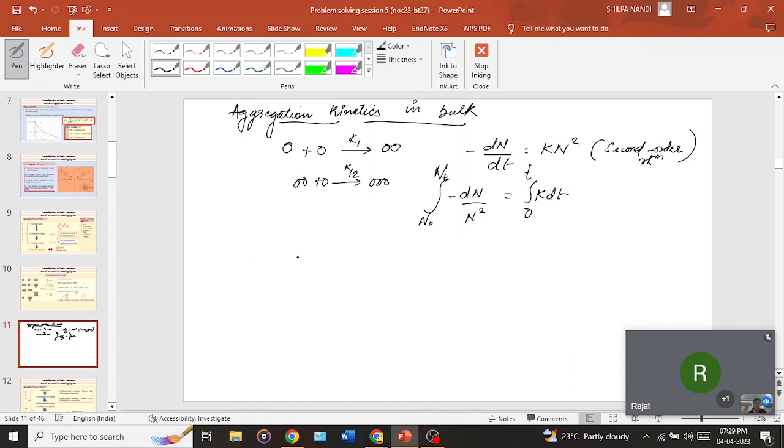So if you integrate this, you will get 1 by nt minus 1 by n naught is equal to kt.